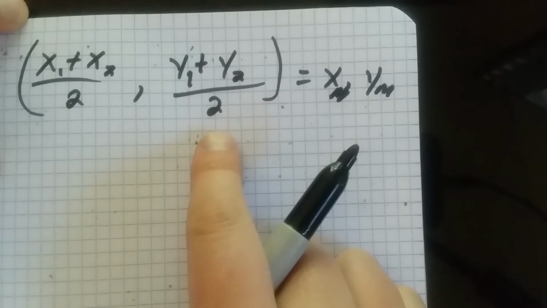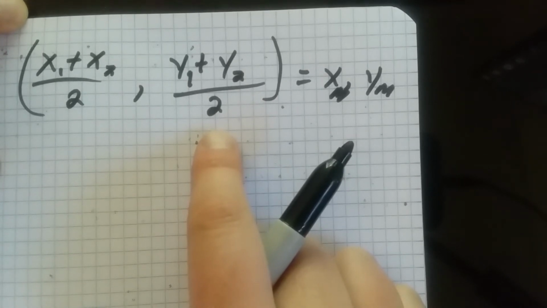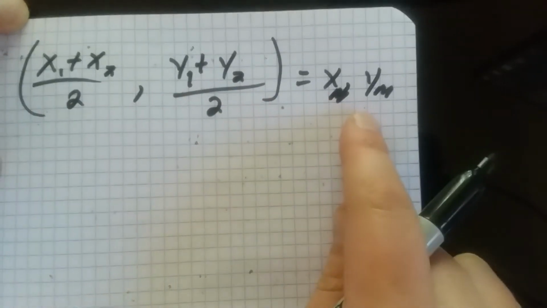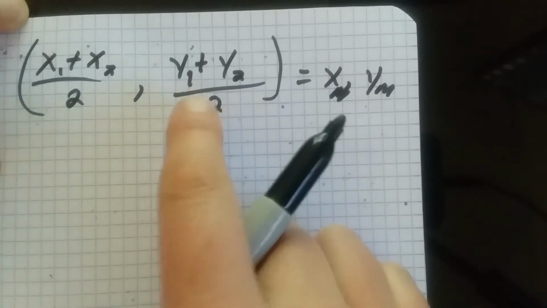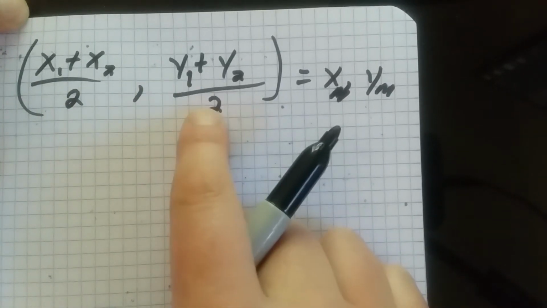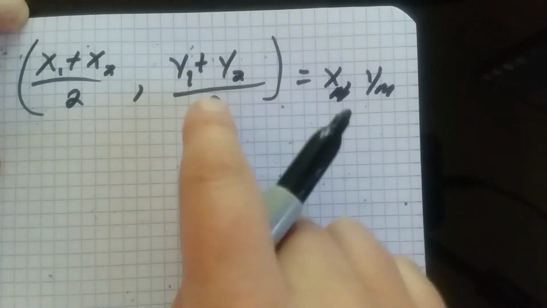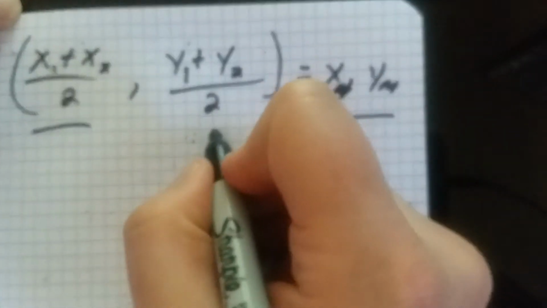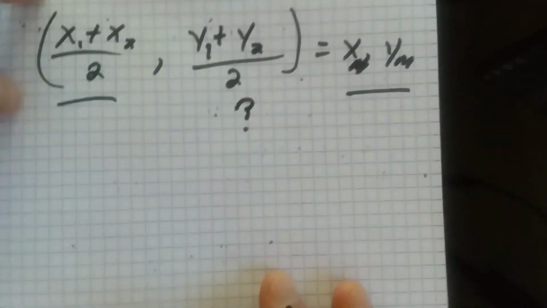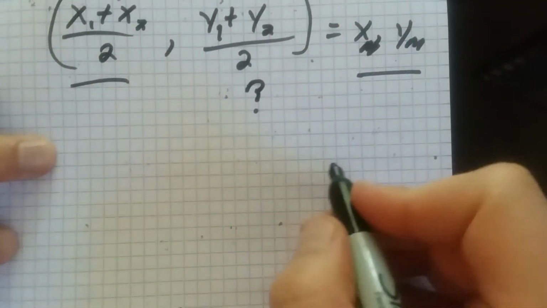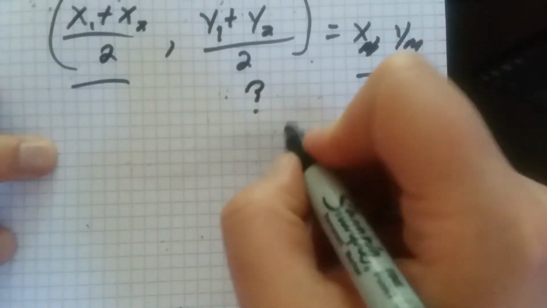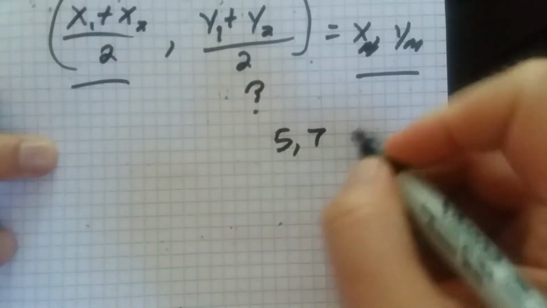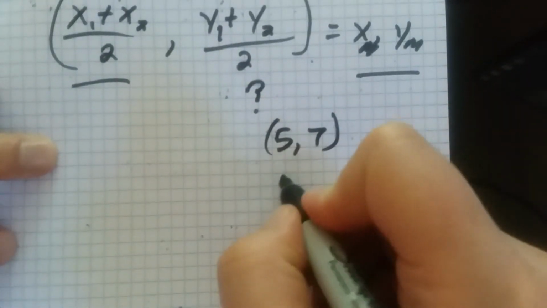Okay, so it appears that your question is how do I find one of the endpoints when we have the midpoint and one of the points? So let's cheat and go ahead and pick 5, 7 as one endpoint.